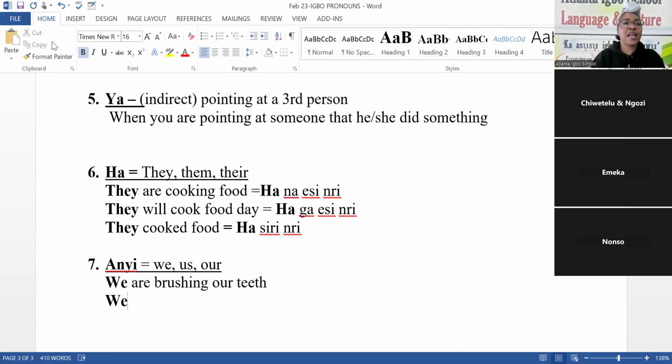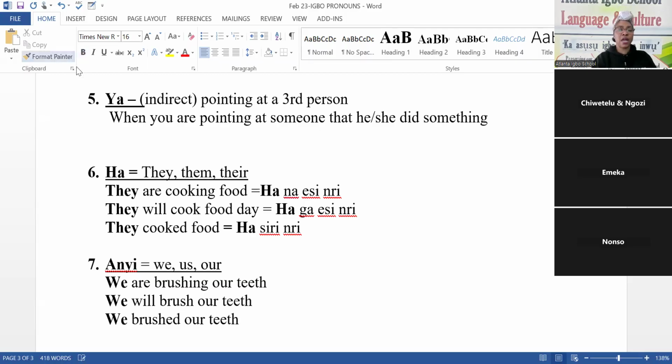You can say, we will brush our teeth. And we brushed our teeth. Okay, so we are brushing our teeth. This is our. So we're trying to denote the we. Anyị, we are brushing our teeth.